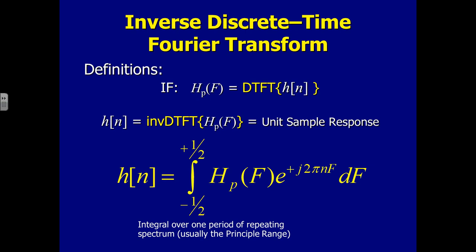The discrete time Fourier transform value, Hp of f, now multiplied by, again, a complex exponential, this time with a positive sign in the exponent, e to the plus j 2 pi n f, and df for our differential frequency. So again, that's an integral over one period of the repeating spectrum within the principal range. The result of that integration will give us back the time domain function.